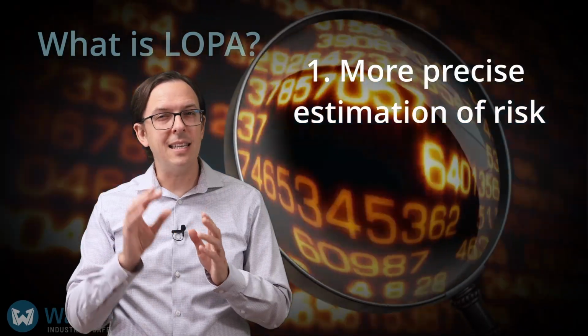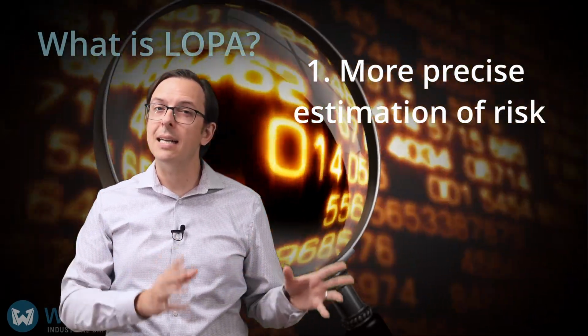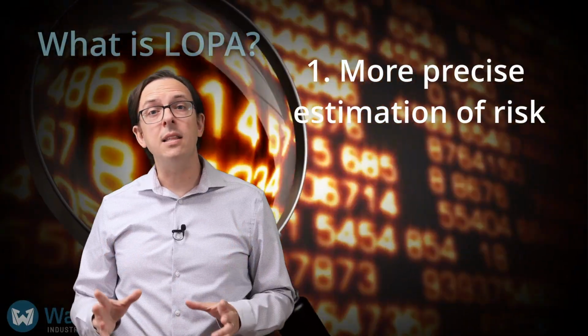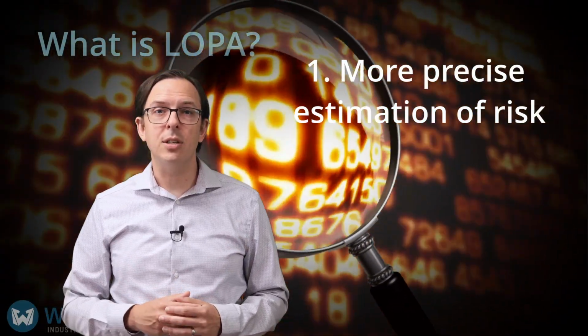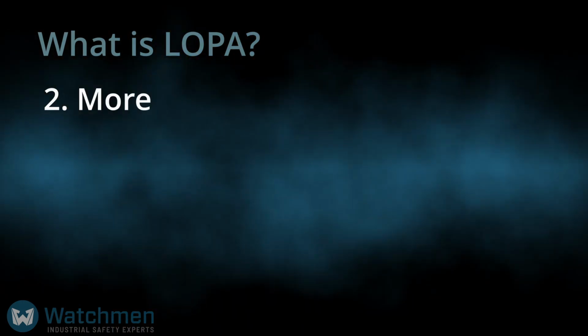This more precise and granular view allows us to more fully understand the potential for the hazardous scenario, while reducing the biases and unstated assumptions that can cause inaccurate estimation of the risk.